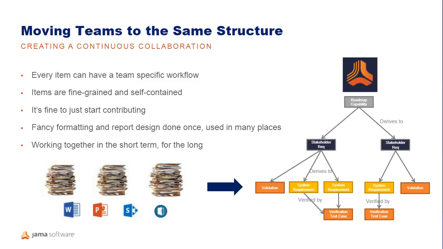So if you put the data into Jama in a structured way, like this example we have here, you can really move teams out of filling in some big heavy template. They've got lots of boilerplate that needs to be completed, perhaps complicated formatting or macros that need to be dealt with in Office tools.